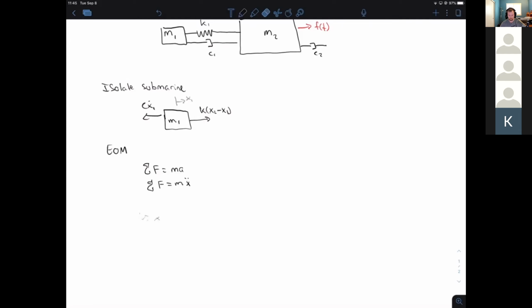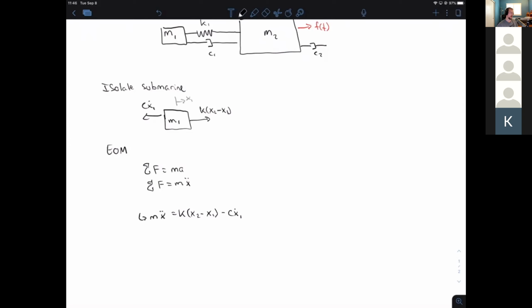Okay. So we're going to have m x double dot equals k (x2 minus x1) minus c x1 dot. So here we just have the sum of the forces equals mass times acceleration. We have that on the left right there, and that's going to be equal to k (x2 minus x1).